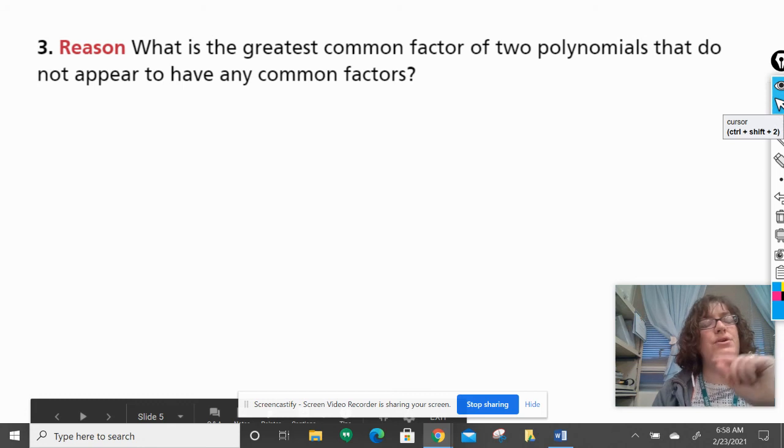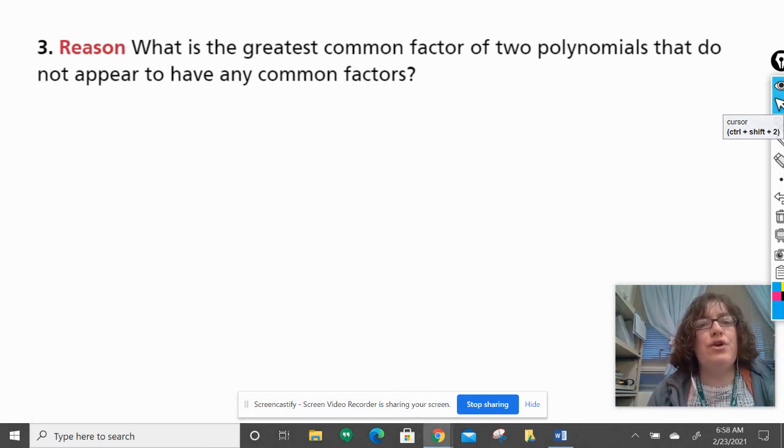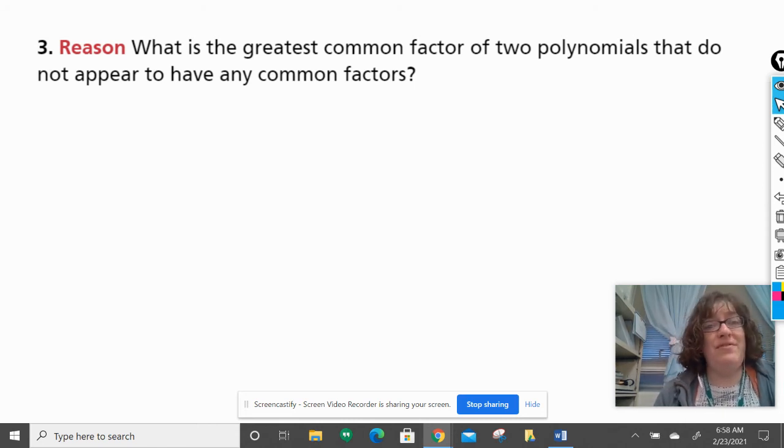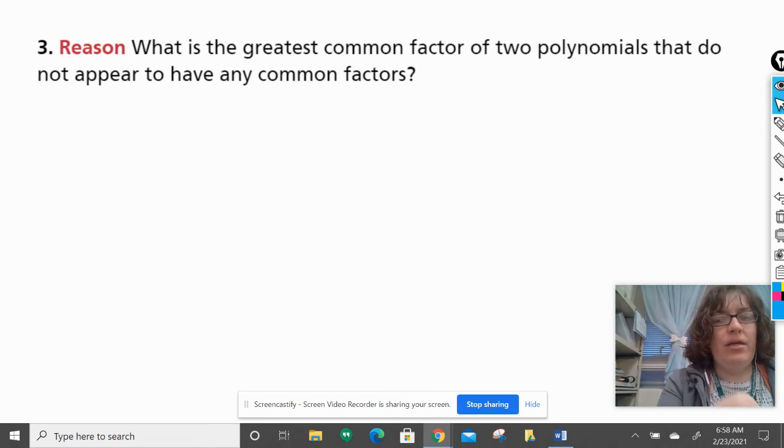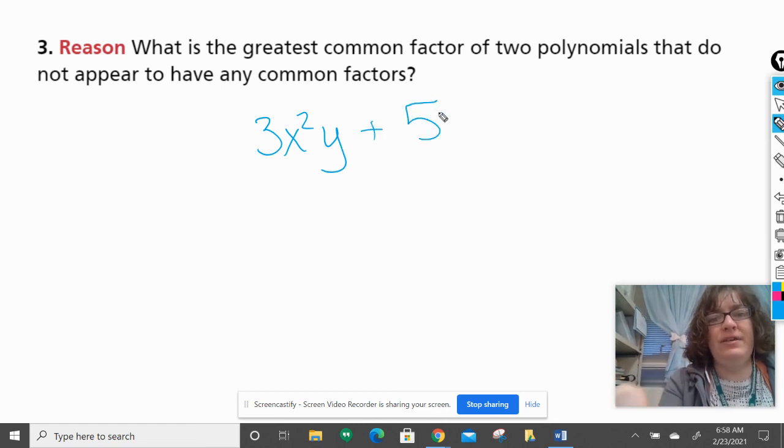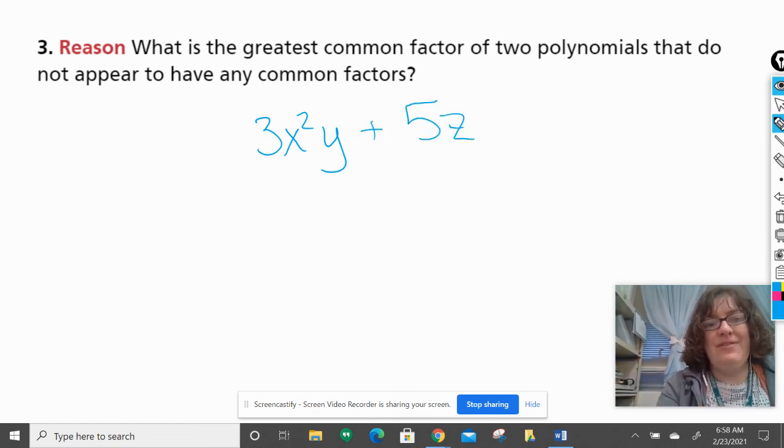All right, so let's just talk a couple of things in review. When they ask for the greatest common factor, if I have two polynomials that don't have any common factors, let's just look at an example. That would look something like 3x squared y plus 5z. If I look at that, my factors of 3 would be 1 and 3, x squared, I'd have 2 x's, and I'd have 1 y.